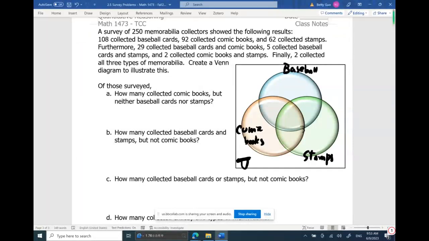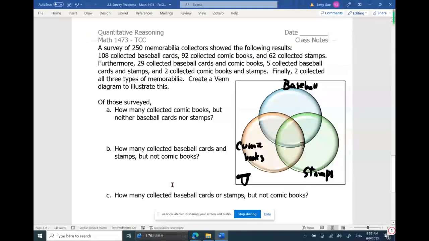Before we answer the questions about the result, we need to complete the Venn diagram. We were lucky because in the previous examples, the Venn diagram was given. But in this question, we have to do it ourselves. The first information we see is a survey of 250 collectors.